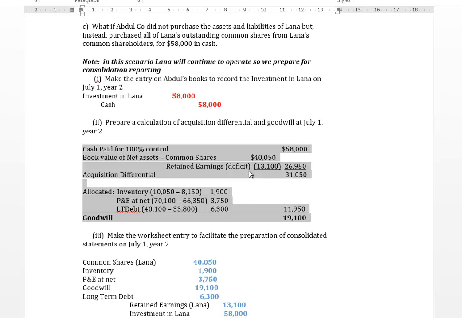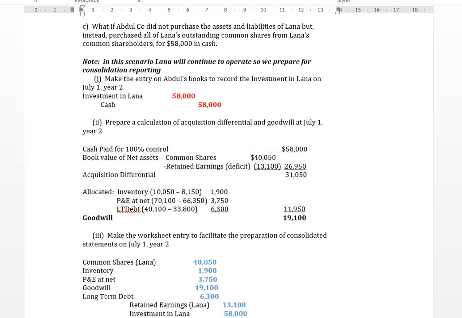So they're taking more out of the business than the business is making in equity, right? So that meant that they're deficient by $13,100. So the book value of net assets is $26,950, but we paid $58,000 as Abdul. So the acquisition differential is $31,050. That's the excess of cash paid over the book value of net assets.